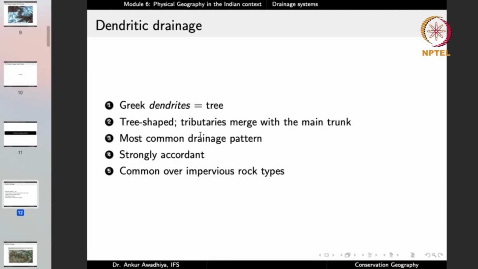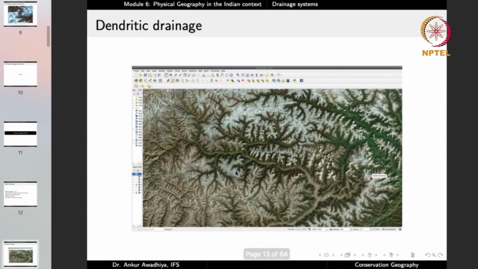So this is a dendritic drainage. In this case, it is tree-shaped. The tributaries merge with the main trunk. It is the most common drainage pattern, strongly accordant in a number of cases.